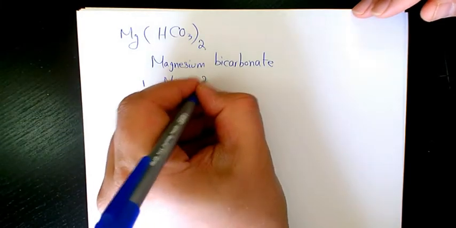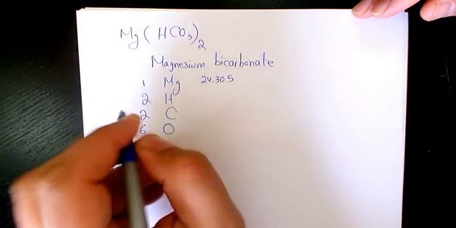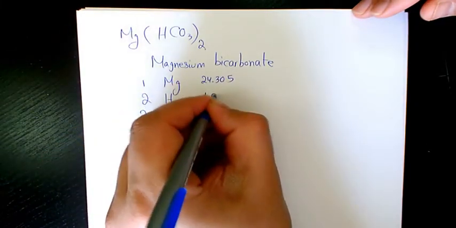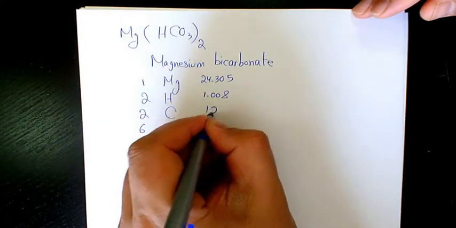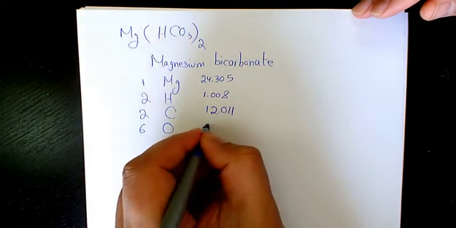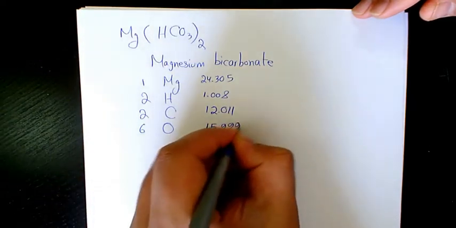Magnesium is 24.305, hydrogen is 1.008, carbon is 12.011, oxygen is 15.999.